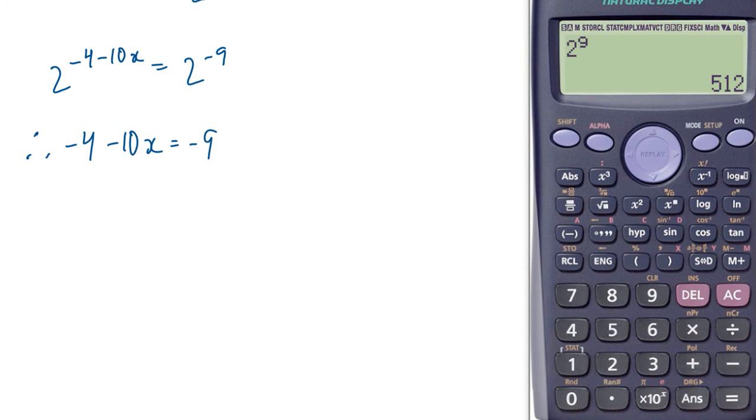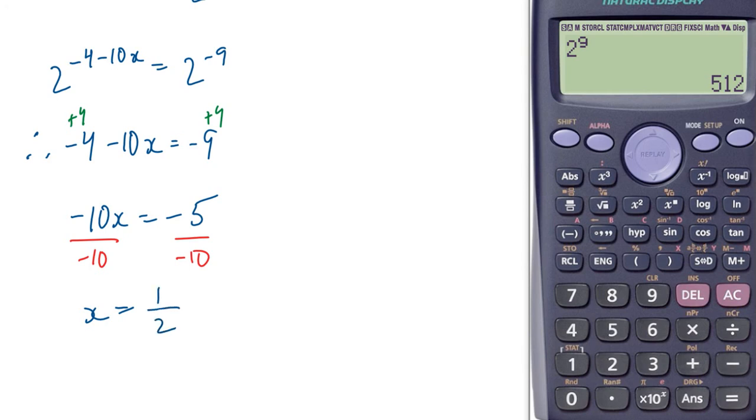Okay, so what am I going to do here? How about I add 4 and add 4. Negative 10x equals negative 5. Divide by negative 10, divide by negative 10. The negatives cancel to a positive, and 5 over 10 is 0.5 or 1/2.